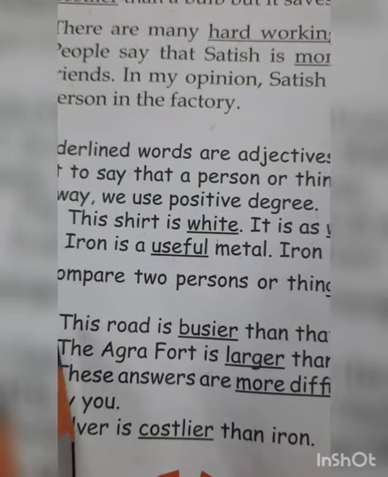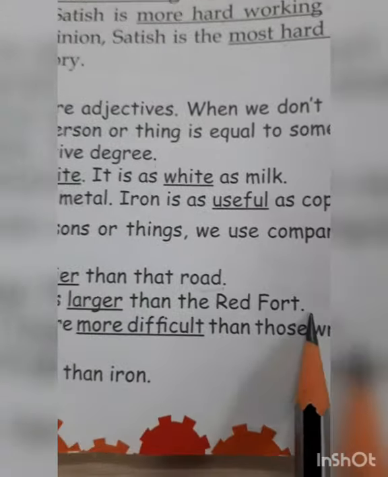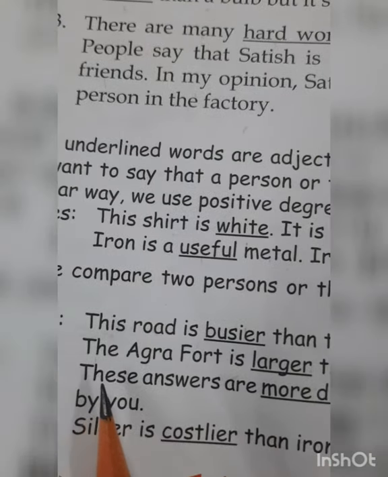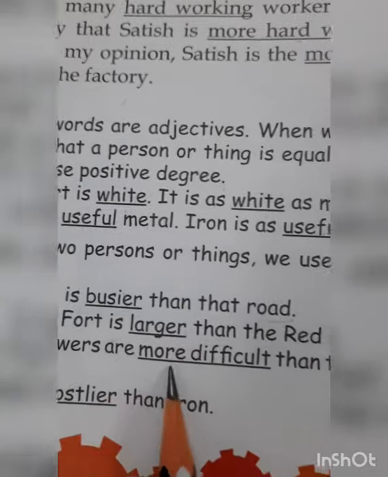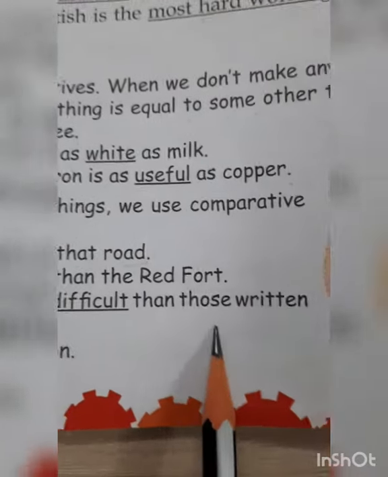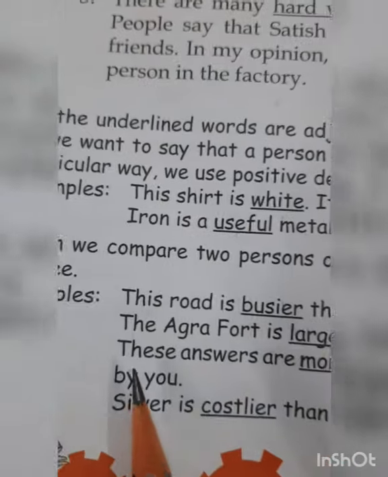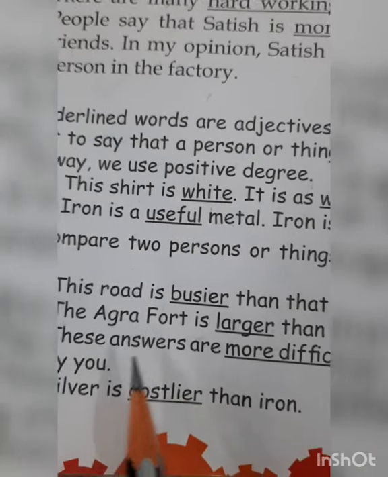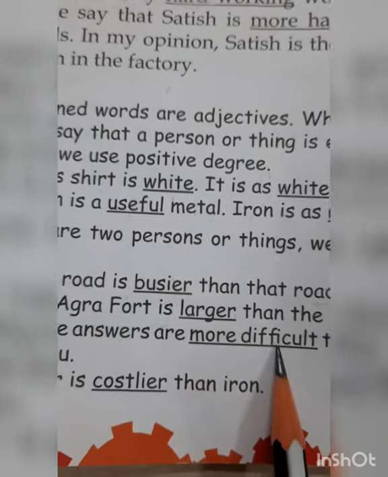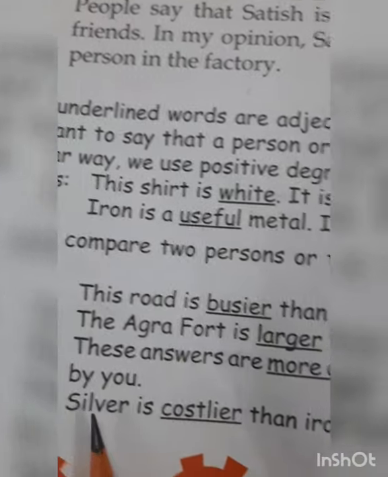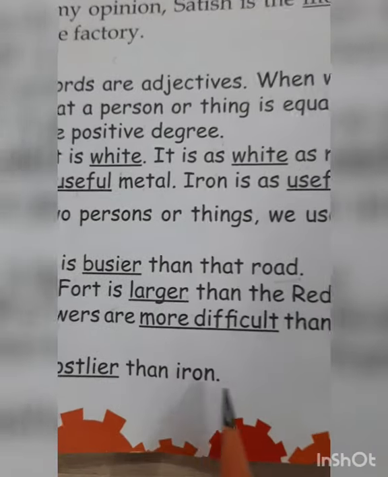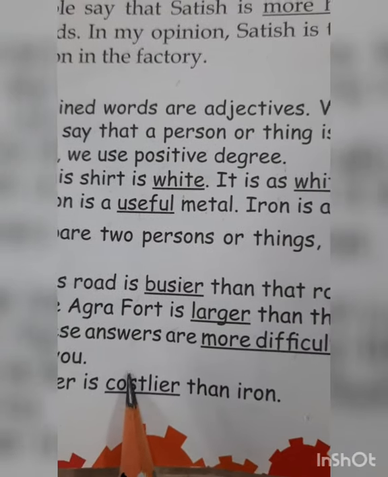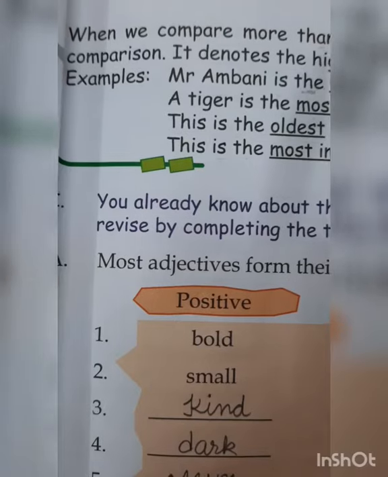Now, you are comparing Agra Fort and Red Fort. So, you will use comparative degree. These answers are more difficult than those written by you. Now, there is a comparison of two answers. So, you will use comparative degree. Silver is costlier than iron. Again, comparison, you will use comparative degree.